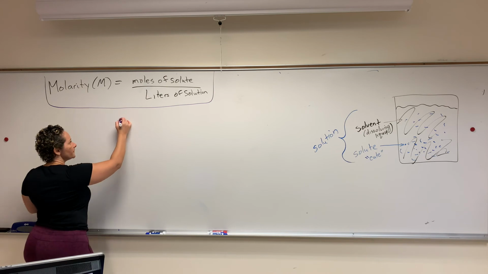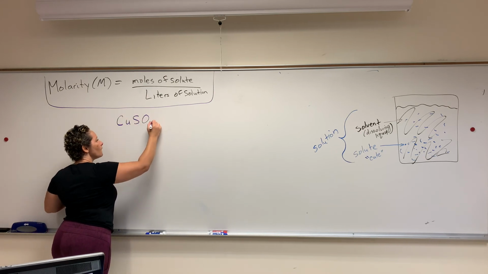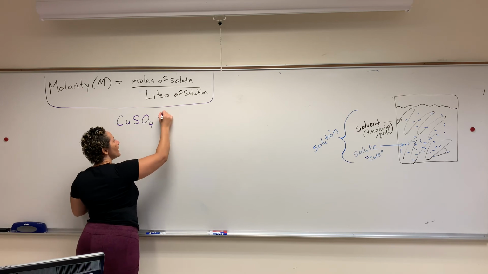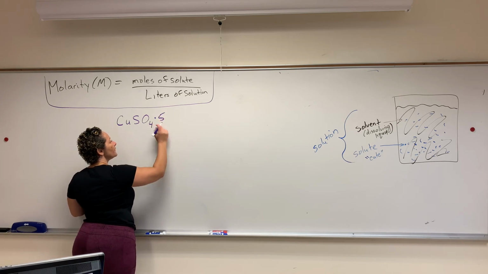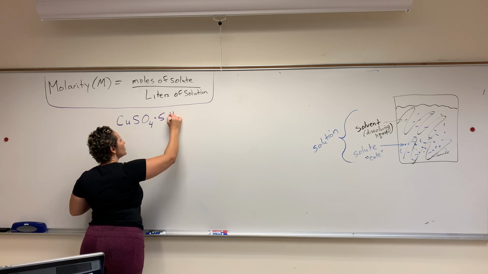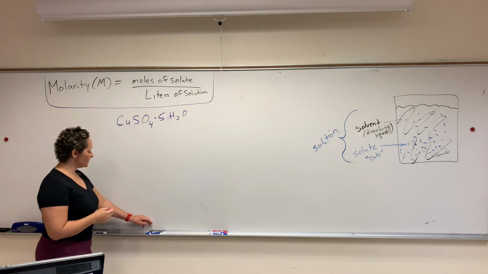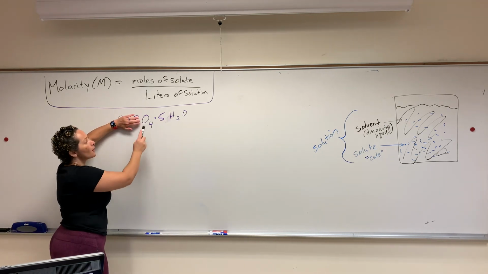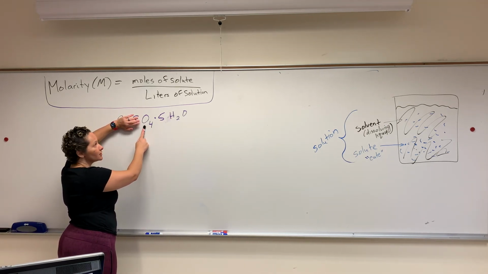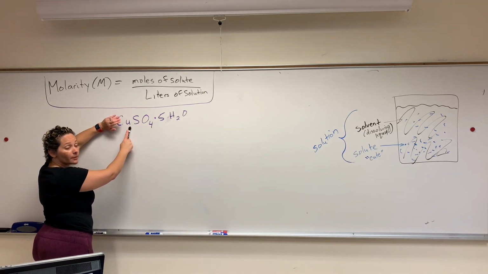So copper sulfate pentahydrate, CuSO4 dot 5H2O. What that means is there are 4 atoms of oxygen, 1 atom of sulfur, and 1 atom of copper.